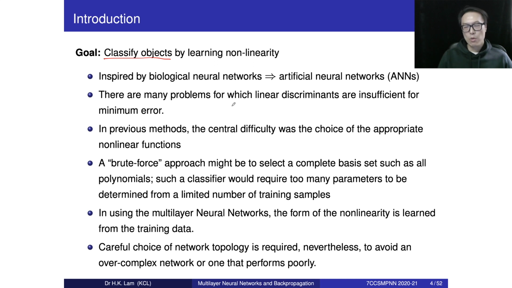So we are trying to connect the neural network with what we have learned in the previous lecture. For example, we have done the linear discriminant function. We focus on the term linear. It means that this function can only give you a linear classification boundary.